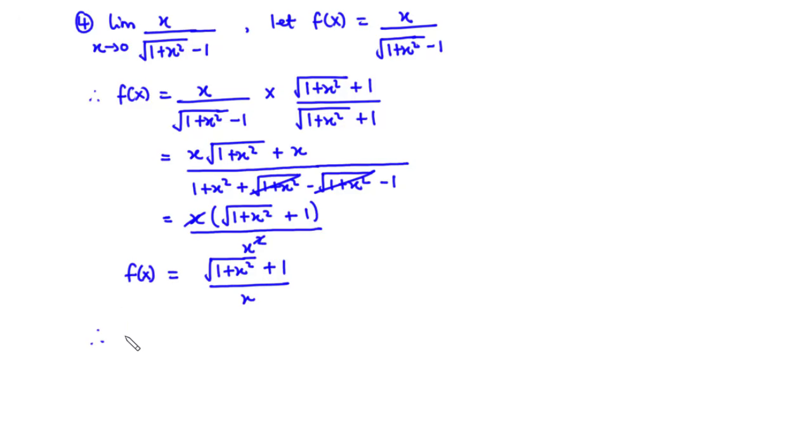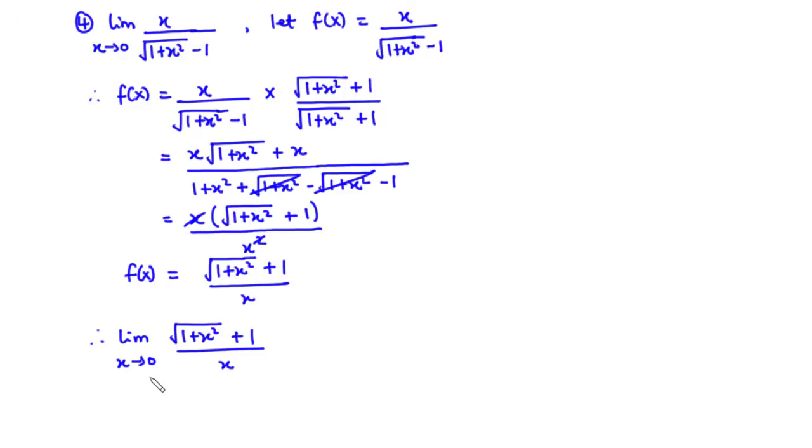Therefore, we have the limit of this function to be now the limit of the square root of 1 plus x squared plus 1, all divided by x as x approaches 0. Now at this point, we still have the denominator to be x.